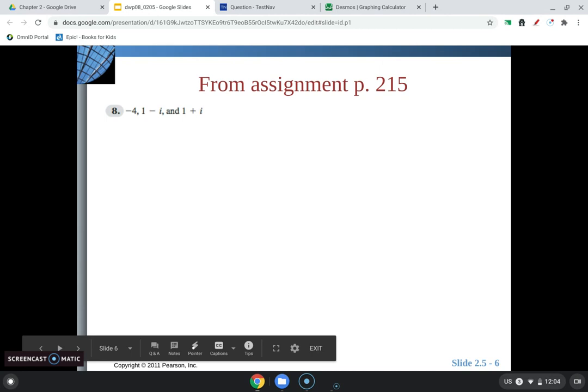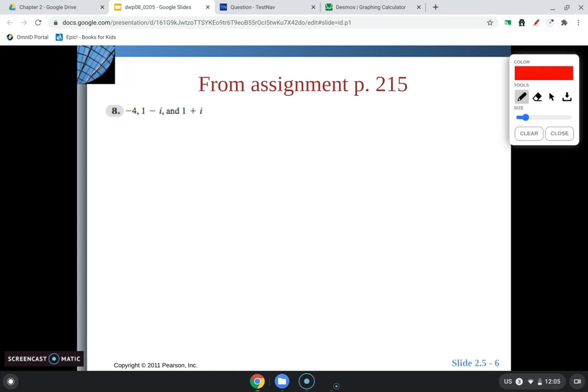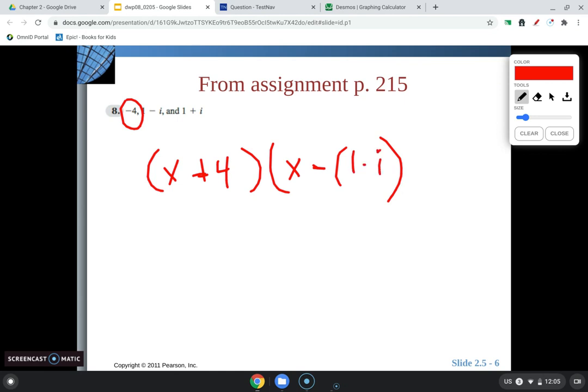All right, so this is from the assignment on page 215. This is number 8. Basically, it wants us to, well, those are the zeros. So we will write these in factored form, and we will call it good. So how would I do that? So I have 3 zeros. If negative 4 is the zero, the factor is x plus 4. Then if 1 minus i is the zero, then we go x minus 1 minus i, and then x minus 1 plus i.